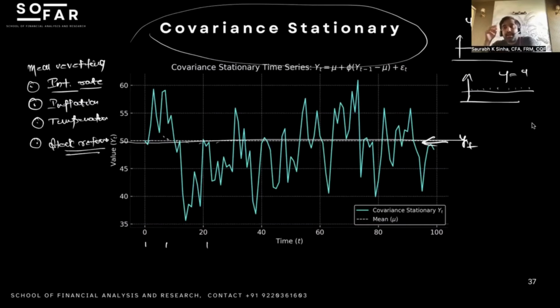Stock prices are sometimes mean reverting, not always, but stock returns are generally mean reverting. If a stock return is mean reverting, can you not predict the stock price? You can predict it, right?